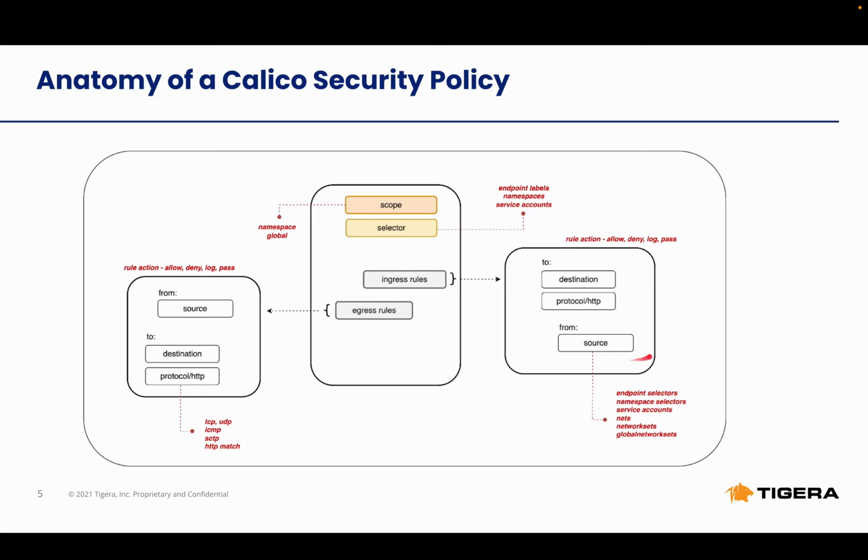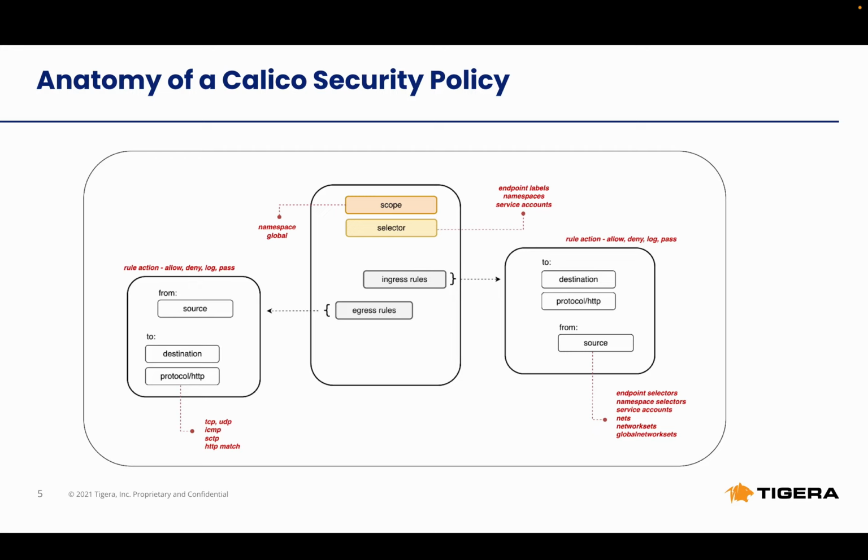Now, in selecting the source, you have the option of using, again, endpoint selectors, as in labels. You could use namespace selectors, service accounts. You could even reference external networks using what we call network CIDRs or network sets, and we will look at an example of network sets.